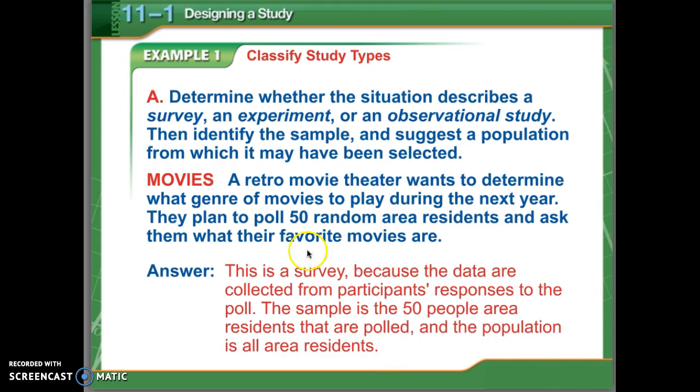So the reason this is a survey is there's no treatment that's being done to anyone, so it's not an experiment. There's no treatment and control group. It's also not an observational study because you're not watching what people do. You are asking them something. If they're polling them, they're asking them something. That's a survey.